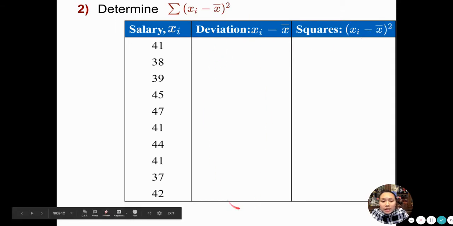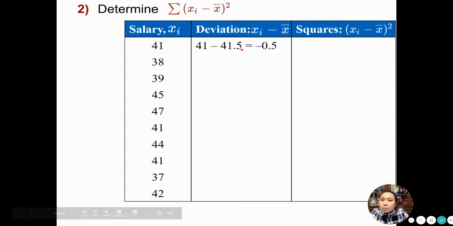in the deviation column. Keep in mind that the average we found earlier was 41.5, or 41,500. So we take our data entry, 41, subtract out our mean, and that gives us a deviation of -0.5.